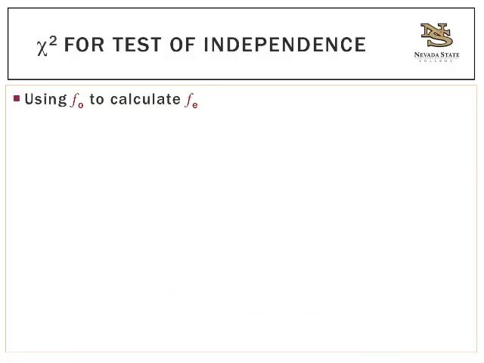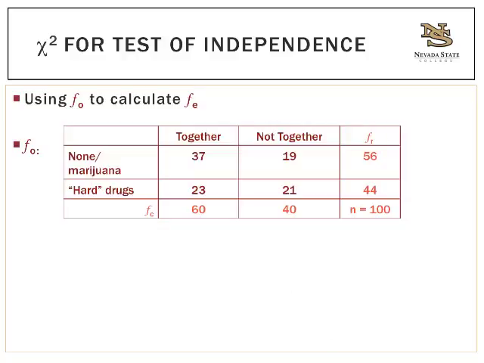All right, so let's go ahead and use our observed frequencies in order to calculate our expected frequencies. I'm just going to copy the same table we came up with in the last slide because it has all of our numbers for the frequencies for our rows and our columns, and that's what we're going to be using. When we calculate our expected frequencies, we can ignore the numbers that we actually observed.